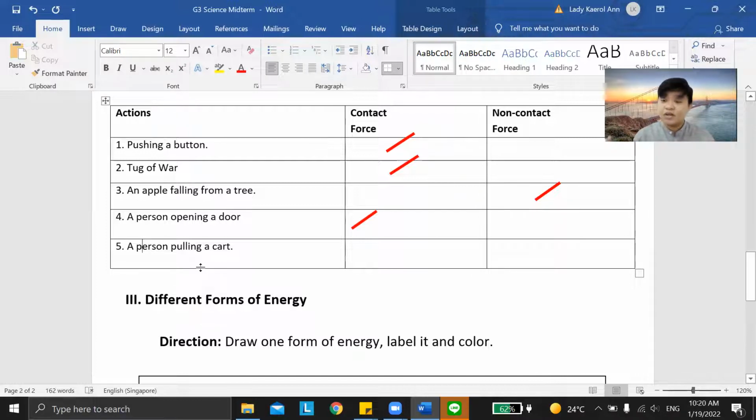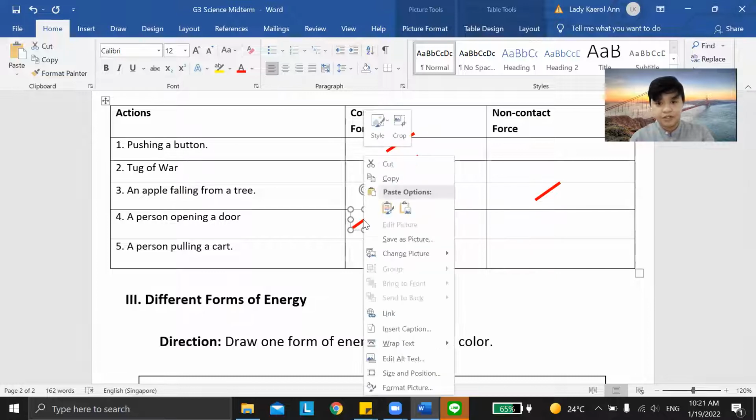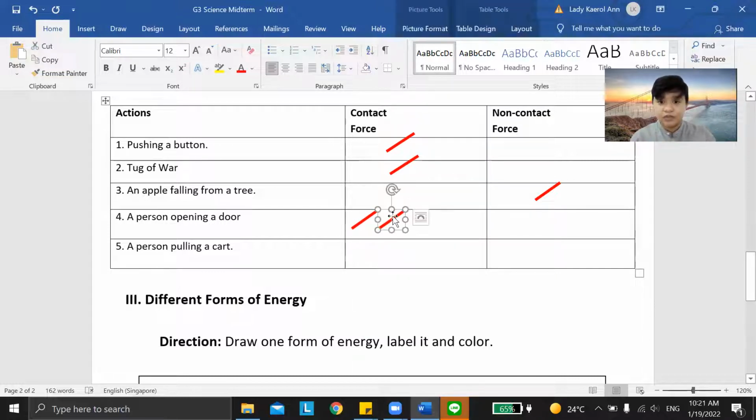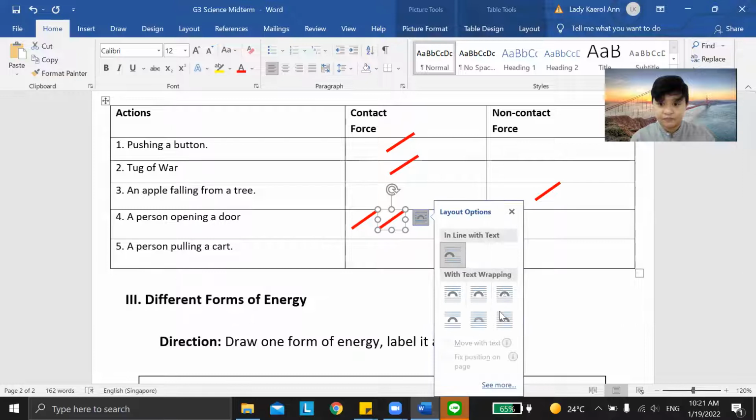Of course, if you want to push or pull a cart, you have to touch and hold the bar of the cart. So it involves contact or touch. So to speak, it is contact force.